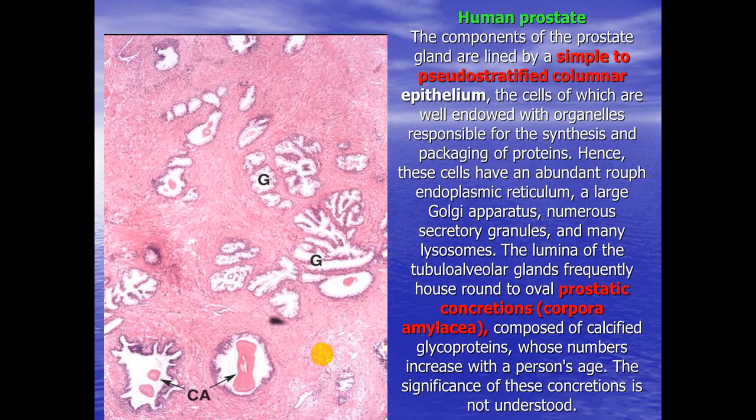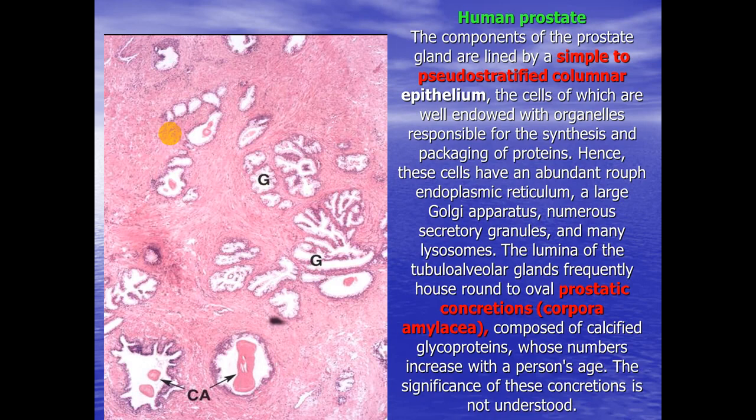They produce secret and collect it in the secretory portions and in the ducts of this gland. And during ejaculation, these smooth muscle cells contract together and push the secret of this gland into the ejaculatory duct.